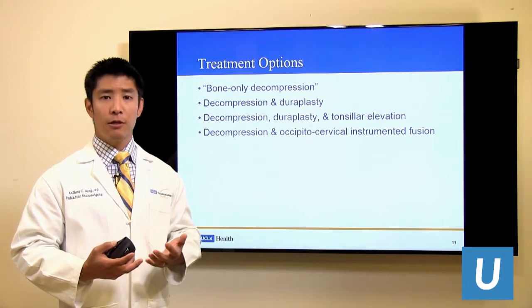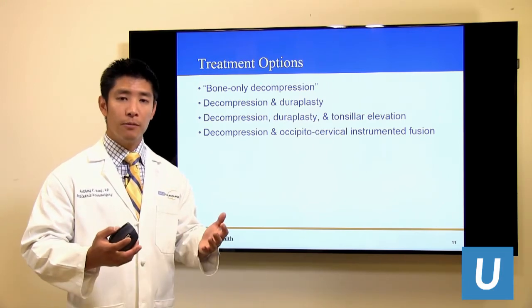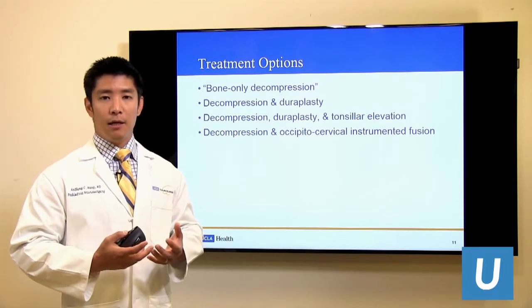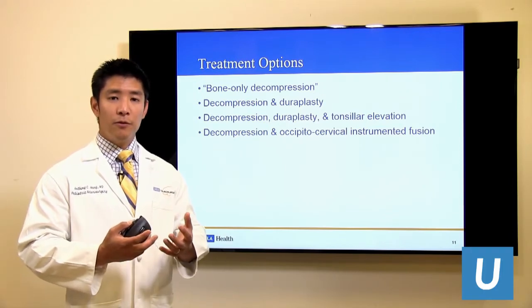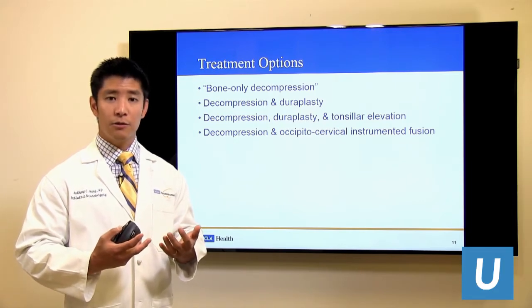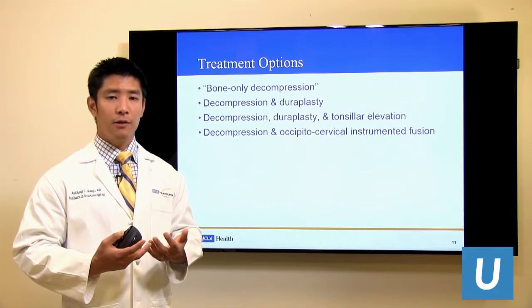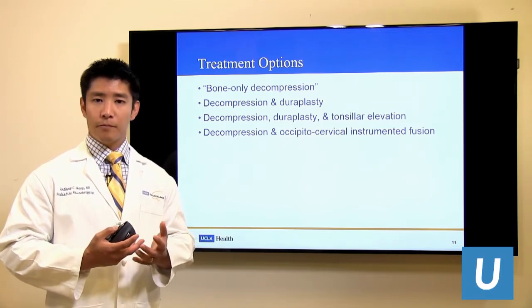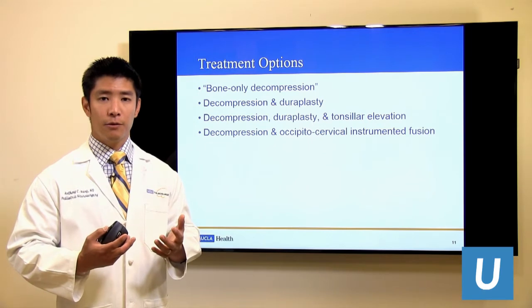The goal of surgery ultimately is to provide more room for those neural structures that are crowded at the bottom of the skull. One way we can do that is by removing the bone in the back. For the most part, it doesn't affect the structural integrity of the spinal column or the craniovertebral junction. We just take off the back and provide more room.